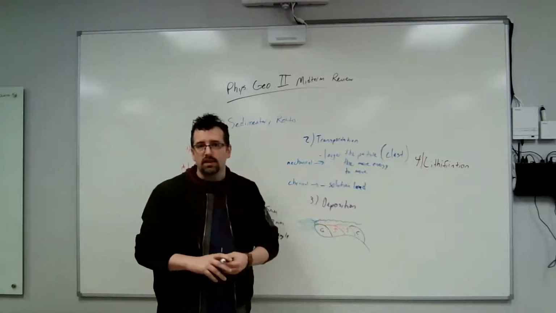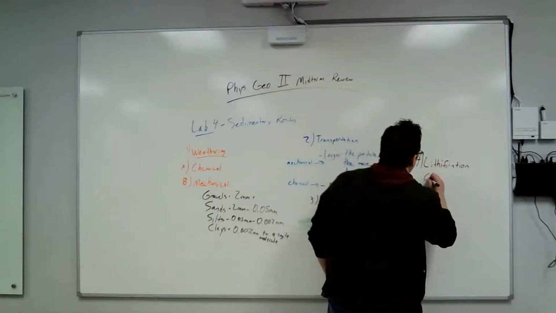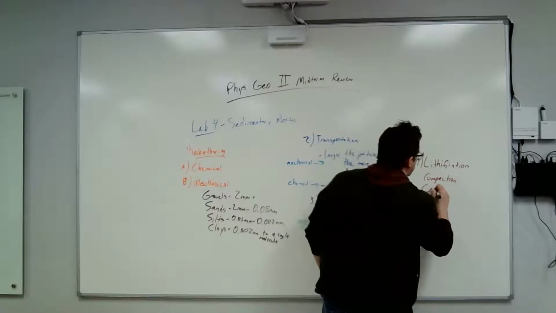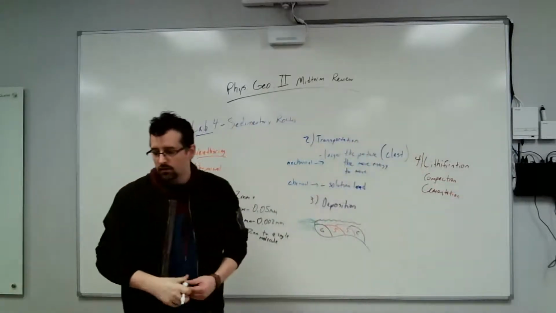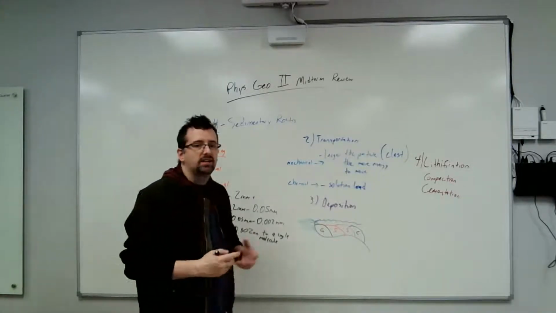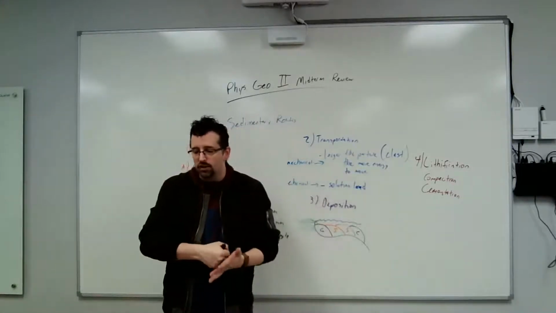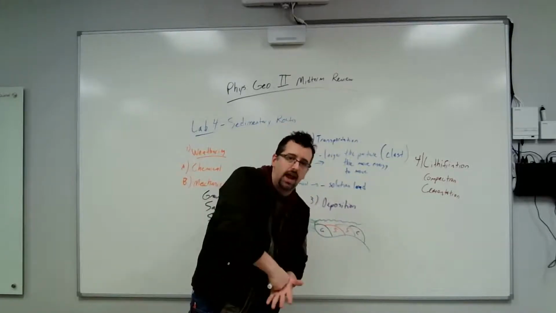So let's talk about the first 2 for mechanical. You have compaction and cementation. When you compact something, you're taking something and pressing down on it, so it's constantly pressing down.